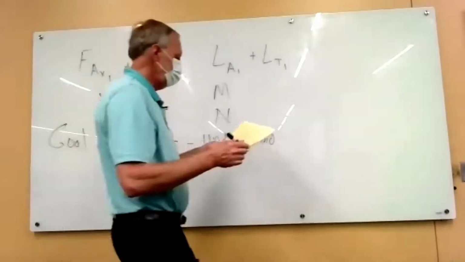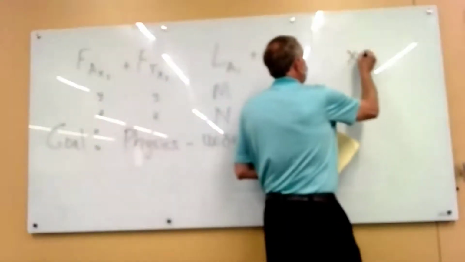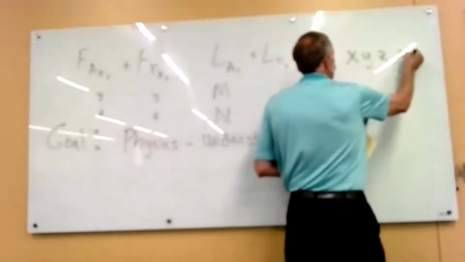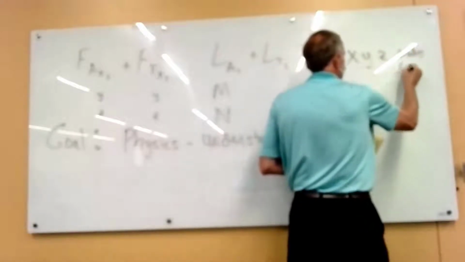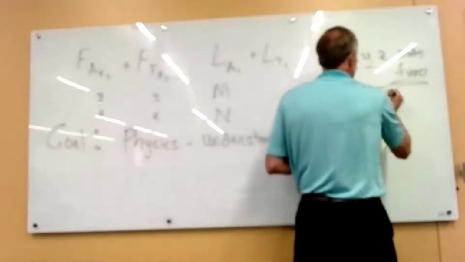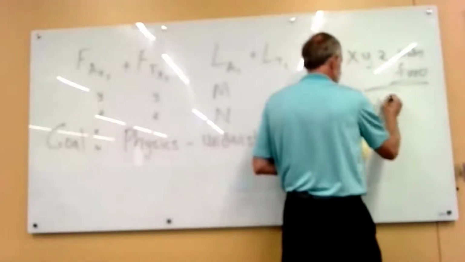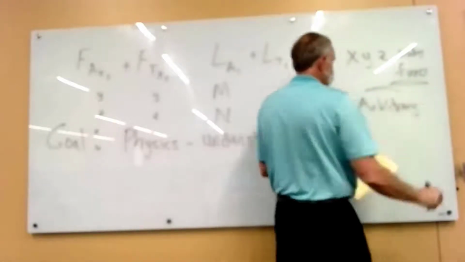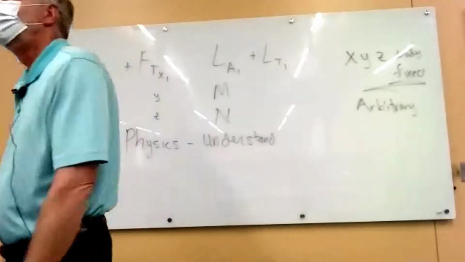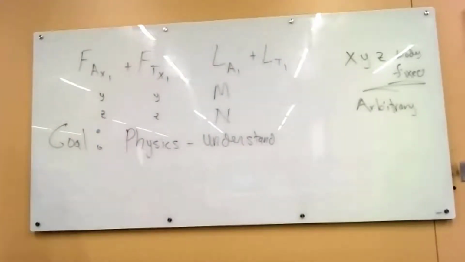All right, so we've been using a body fixed axis system. And it's kind of arbitrary. We point X out the nose, Y out the right, Z down.